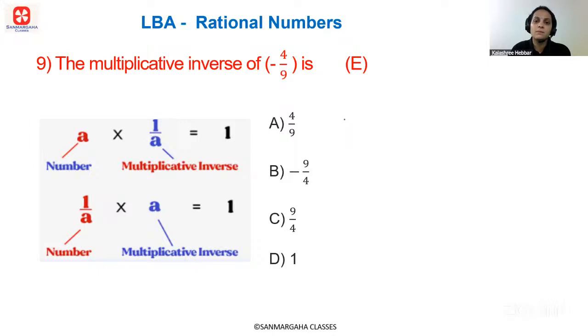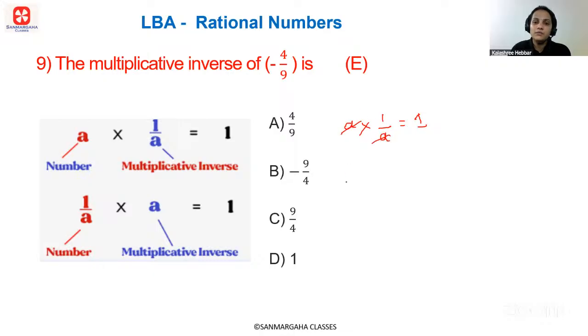So for example, A is a number. You should get the answer as 1. You have to multiply some number here. So which number, if you multiply, gives the answer as 1? That is 1 by A. Correct.